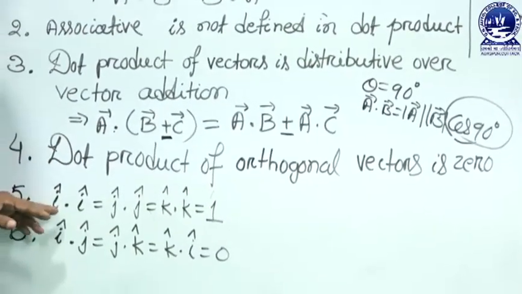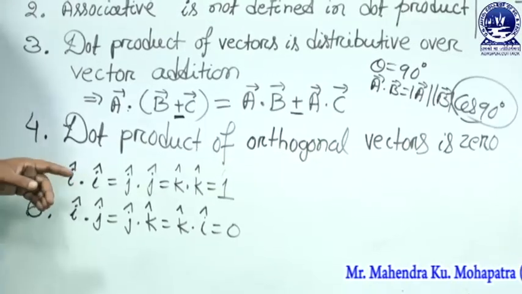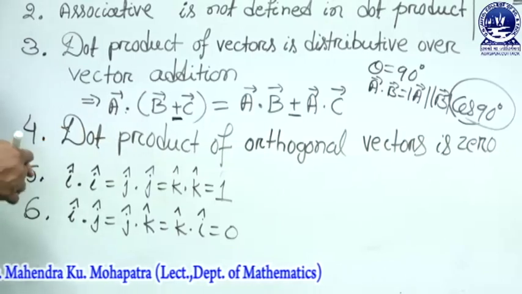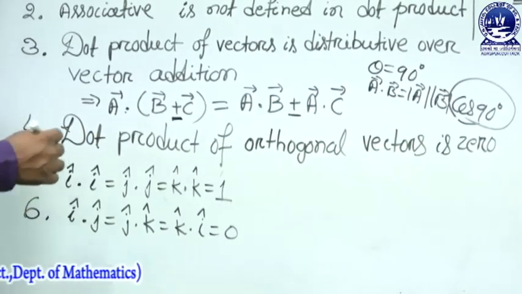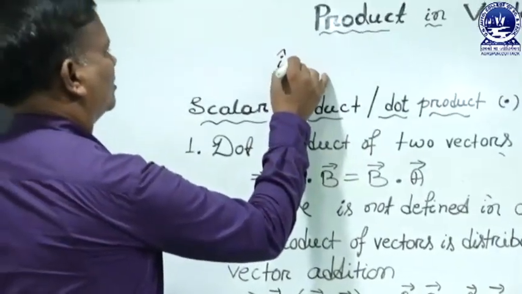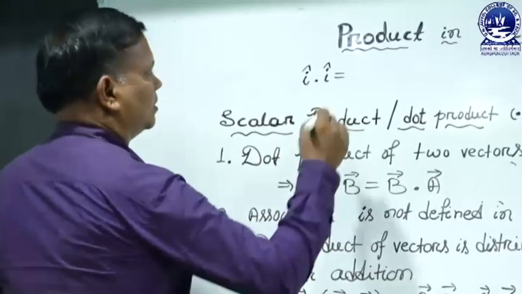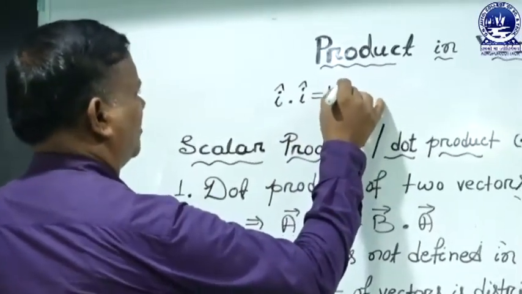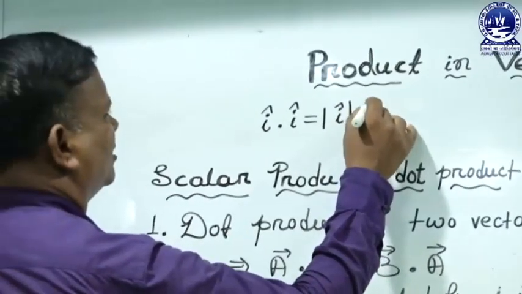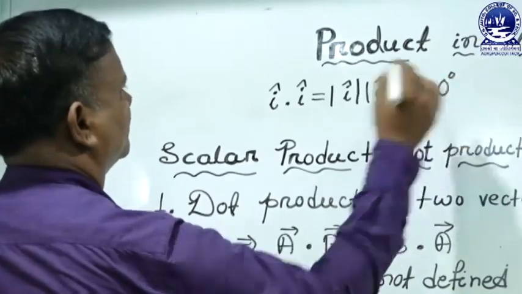Next, the fifth is that the dot product of any base vector or any orthogonal unit vectors with itself is always 1. We prove this result. Suppose we take i cap dot i cap. By the formula, it is magnitude of i, then magnitude of i, then cos 0 degree.